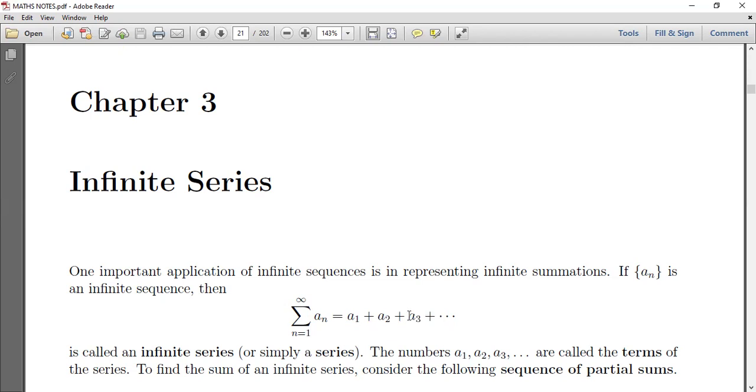But when we were talking about sequences, A1, A2, A3, and the limits that we were talking about were the limits of these terms of AN, not the limit of the sum. So generally under series, we'll be talking of the sum of these series.